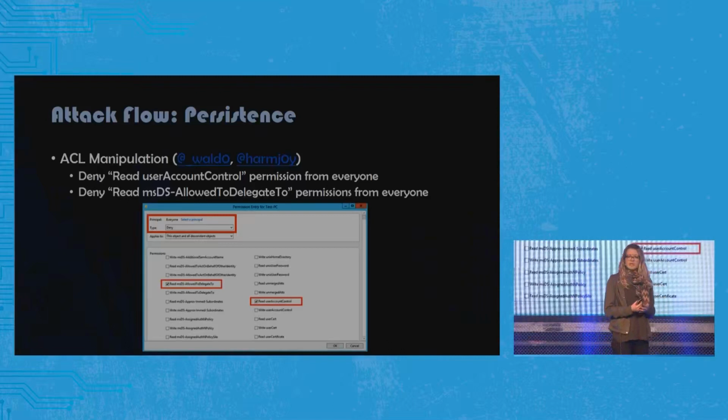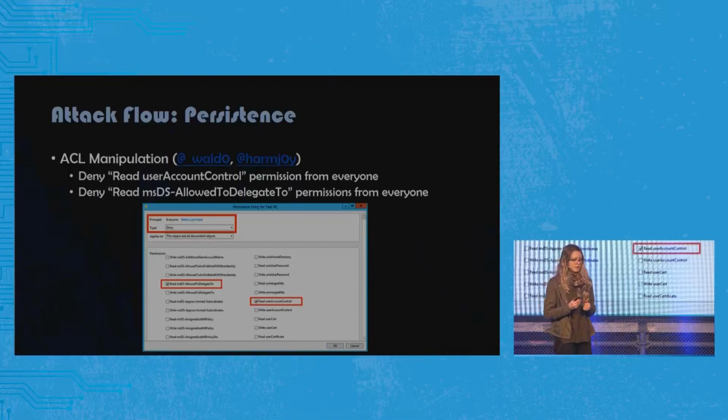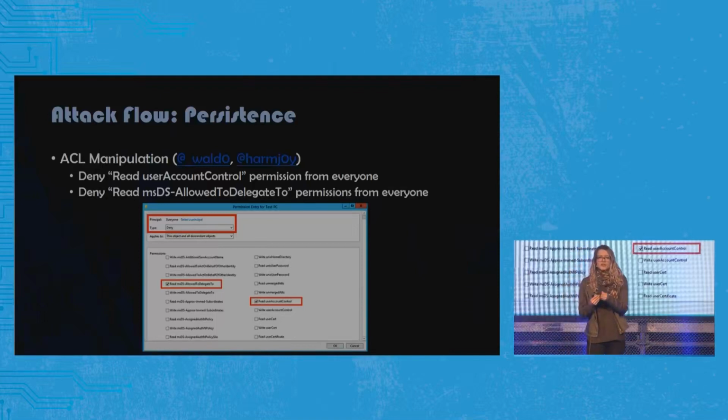So we still need to manipulate the access control list, and we will add two access control entries on this computer account object. First thing is that we're going to deny read permission on the user account control attribute. This is the attribute that shows that the computer account is trusted for delegation.